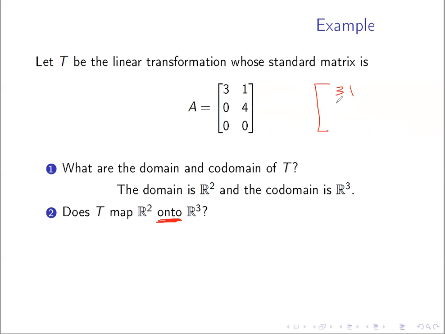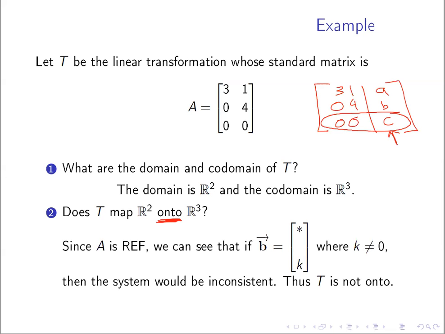This is how we check if something is in the range. We make an augmented matrix with a, b, and c. Essentially what I'm saying is, can I use any a, b, and c and will this work, or are there limitations? If you notice, this last line has a major limitation. c cannot be anything besides 0, or else it doesn't have a solution.